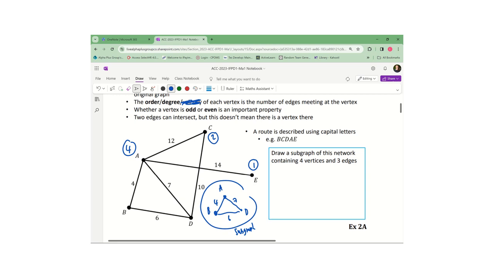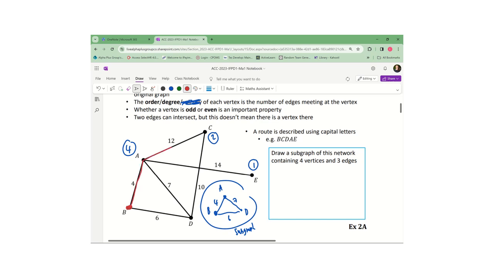Okay, let's think about this example here. A route across a graph is described using capital letters. So for example, B, C, D, A, E. This would describe the route where we start at B and move around the graph to C. This isn't a very good example because I can't get directly to C from B. Okay, I'll write what I think this should be.